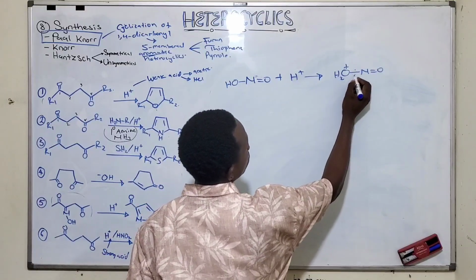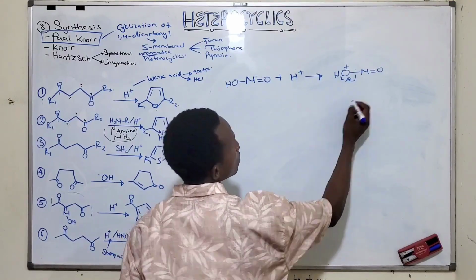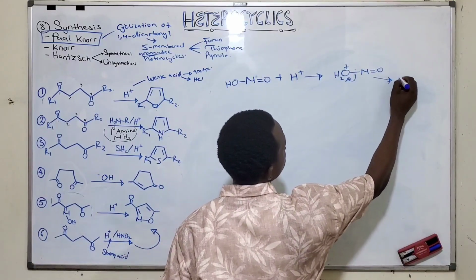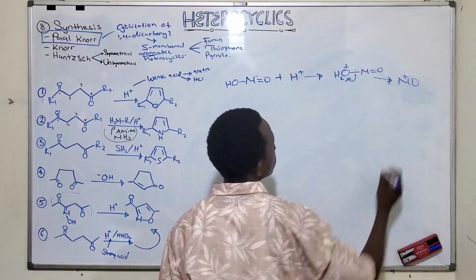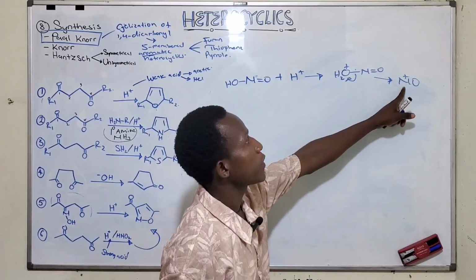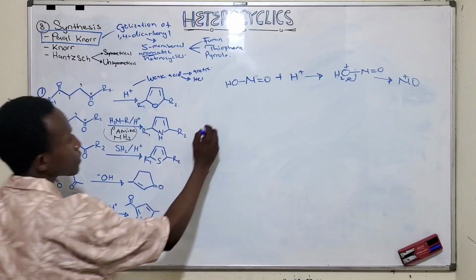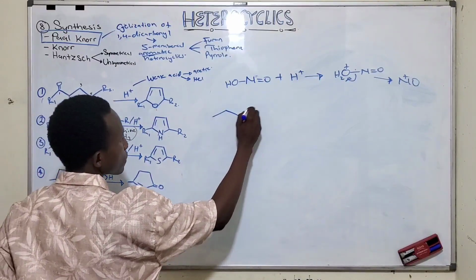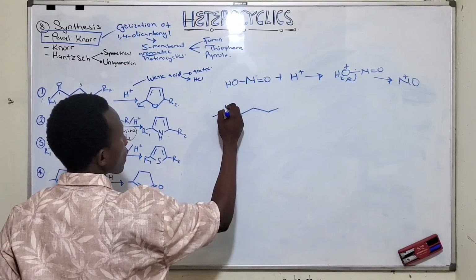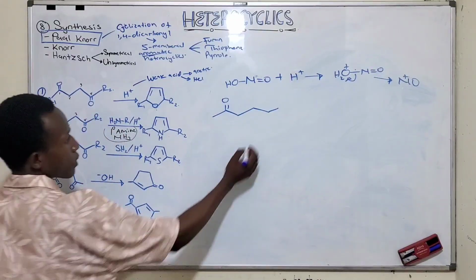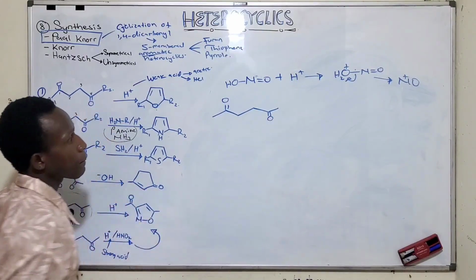So we shall lose this as water, forming this as an electrophile. So we're having this as an electrophile. So for our mechanism, we are having a diketone like this.